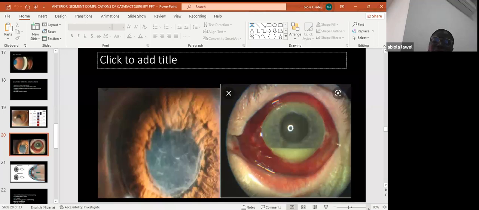So in toxic anterior segment syndrome, the patient can present with pain, but the pain is usually less compared to endophthalmitis. There could be anterior chamber cells, there could be fibrinous exudates. The pupils can be mid-dilated and unreactive.